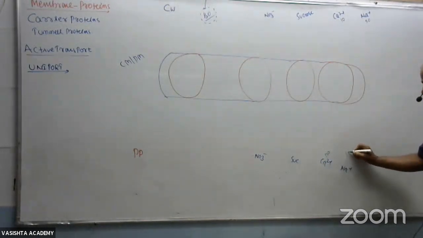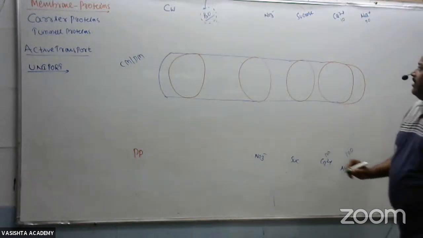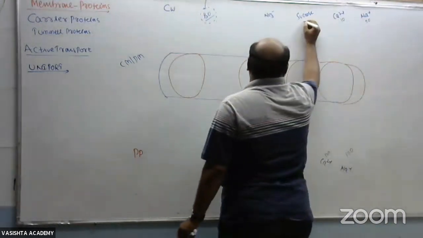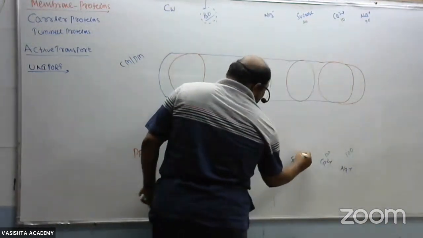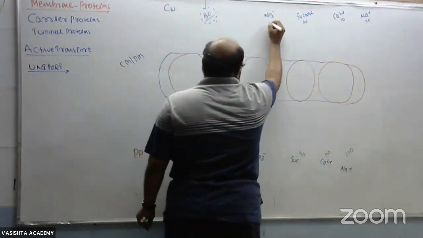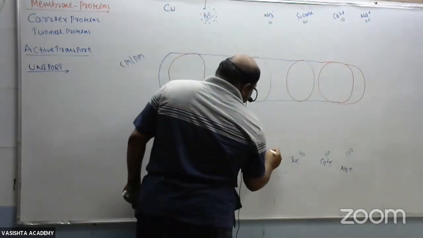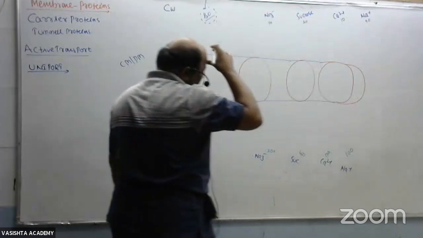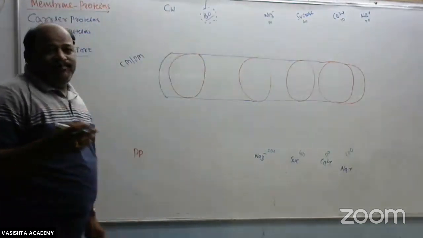Sucrose, for example, here 20, inside 40. Nitrates, here 10, inside 200. This is the situation.